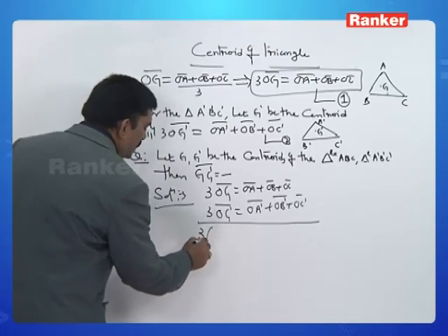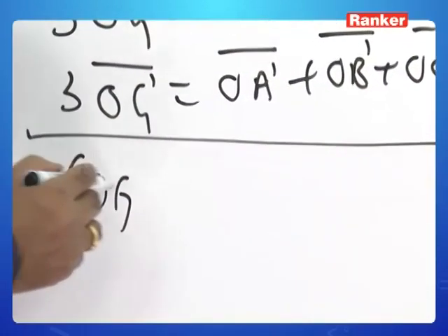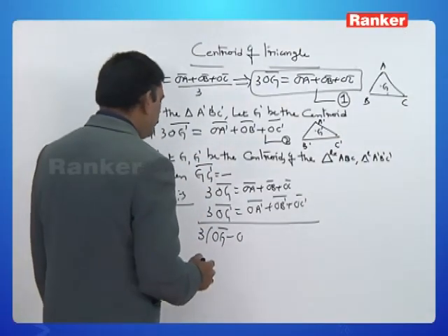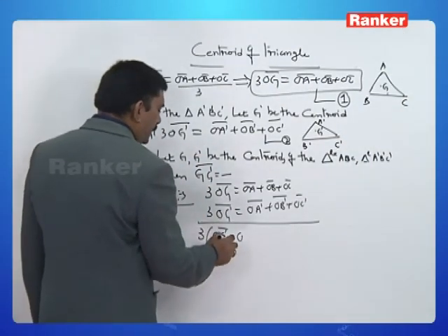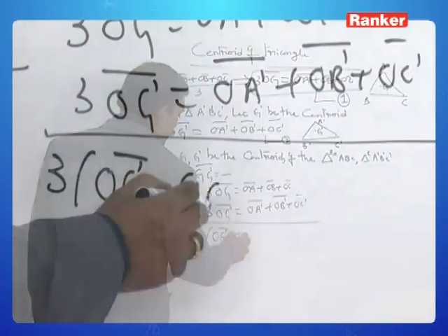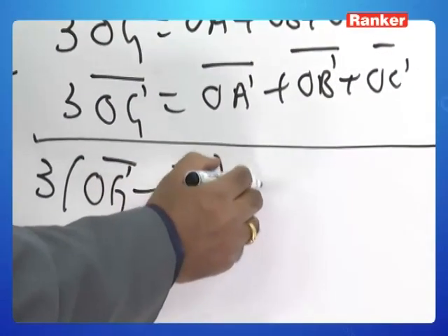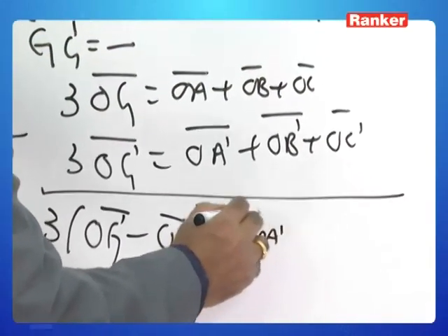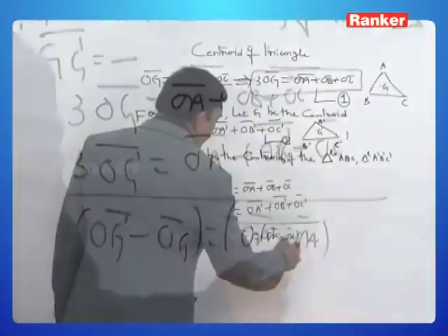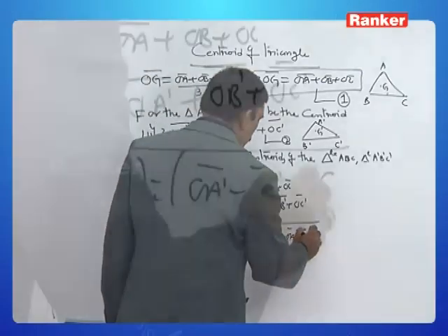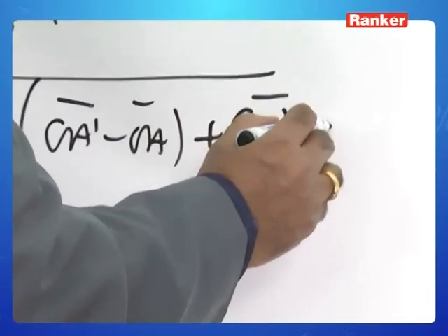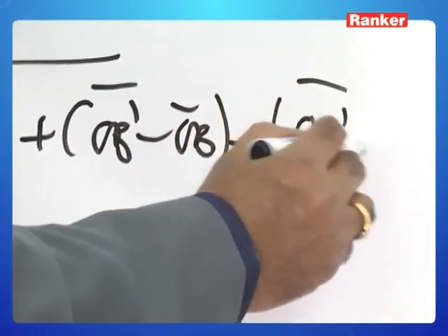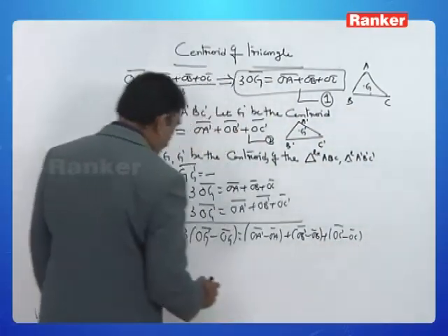This becomes 3 into OG bar minus OG dash, that is, OA dash minus OA, OB dash minus OB, OC dash minus OC.